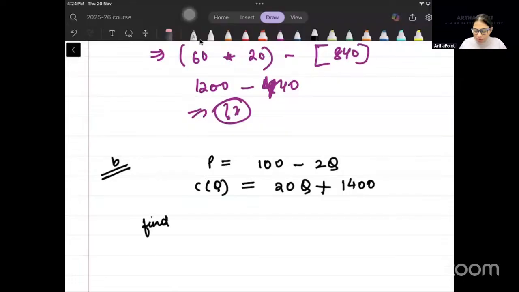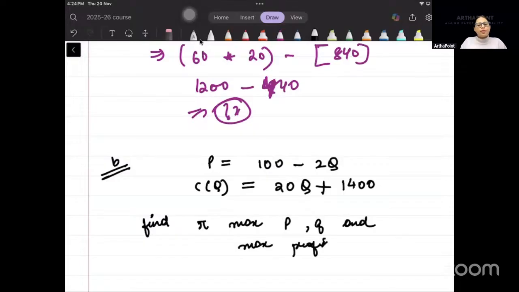Find profit maximizing price, quantity and maximum profit. Now what will happen? Give it a try.